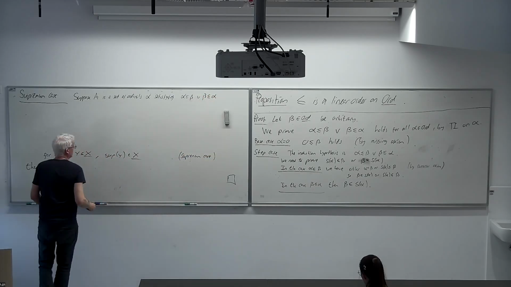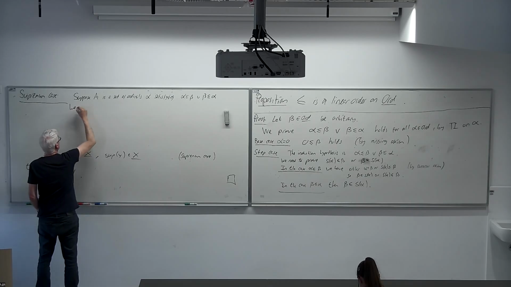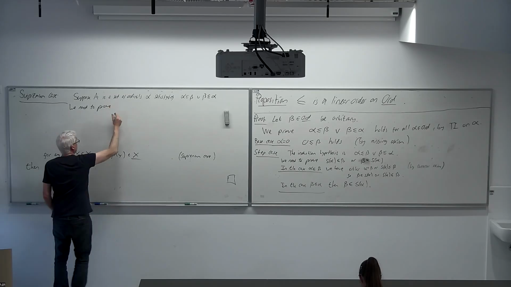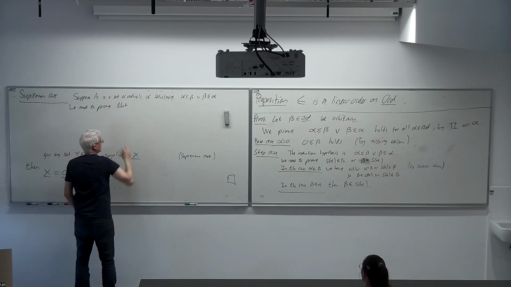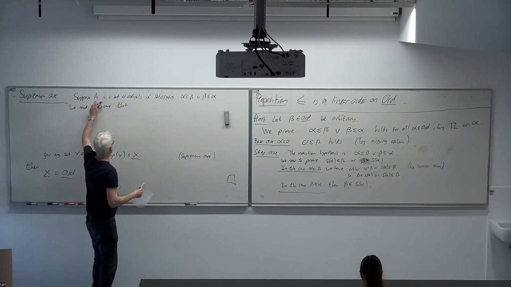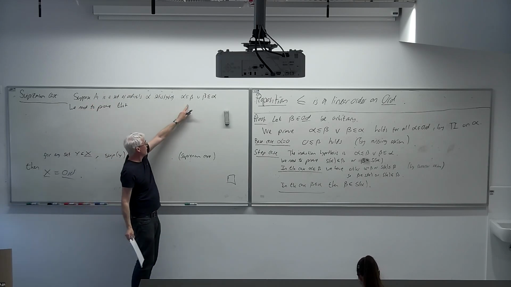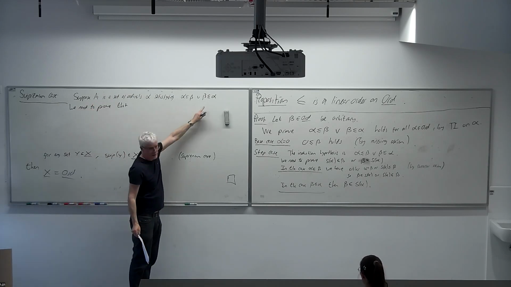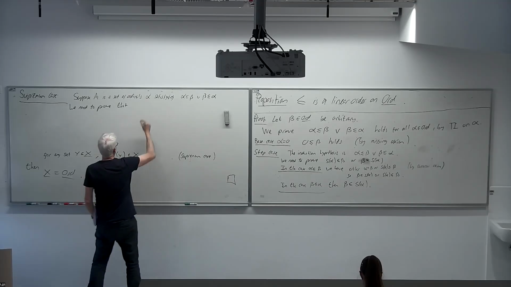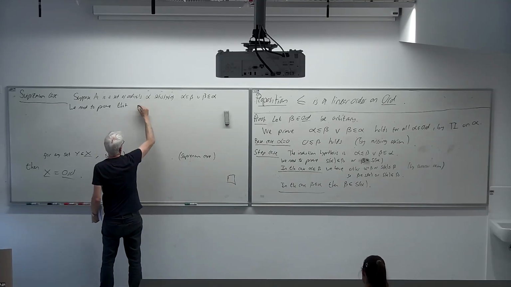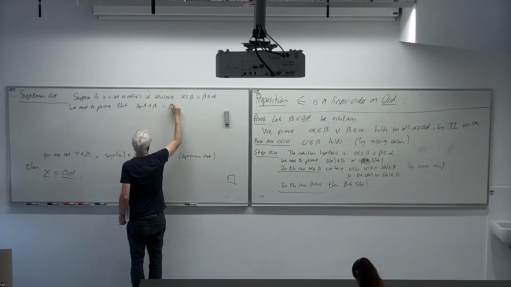And what we need to prove is that the supremum of the set A also is either less than or equal to beta, or beta is less than or equal to that supremum. We need to prove the disjunction that the supremum of A is less than or equal to beta, or beta is less than or equal to the supremum of A.